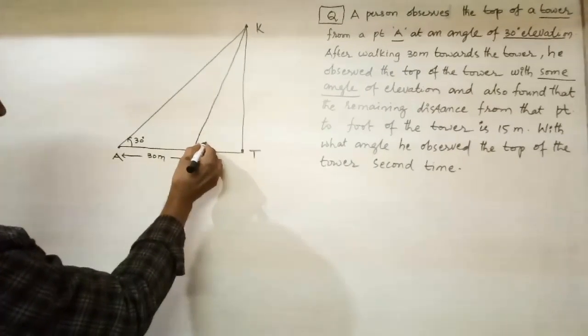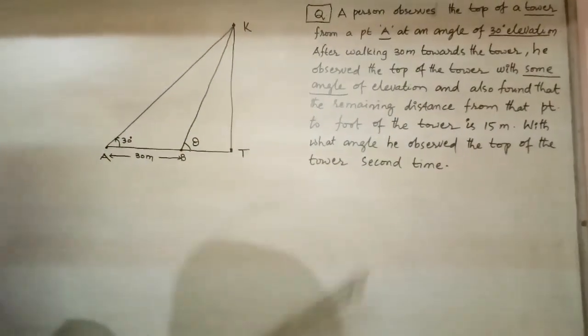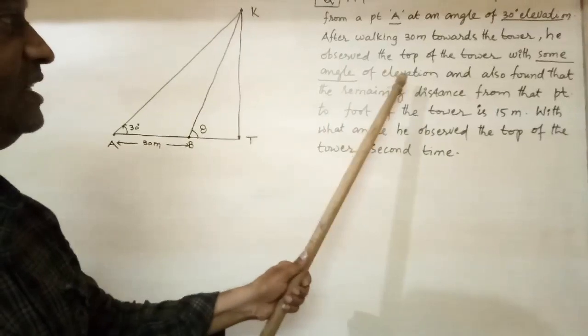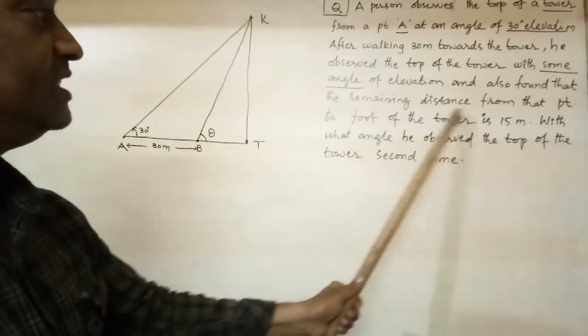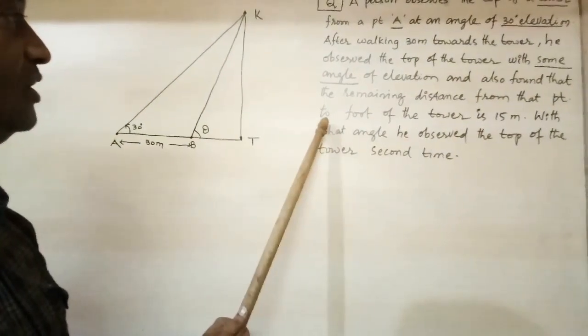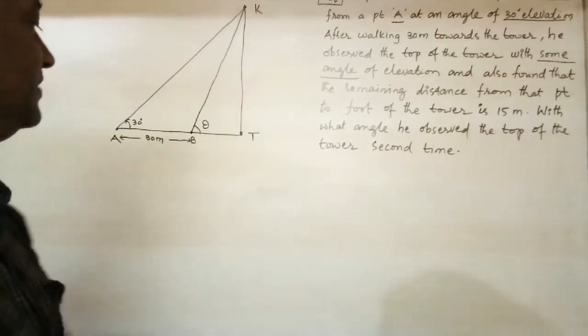Suppose that angle is theta. Also he found that the remaining distance from that point to the foot of the tower is 15 meters.